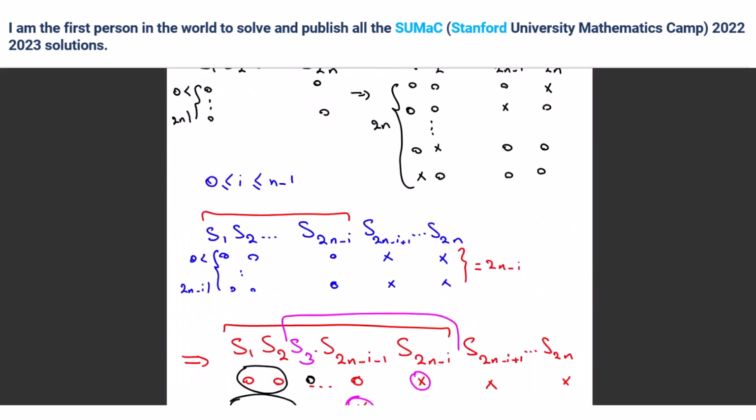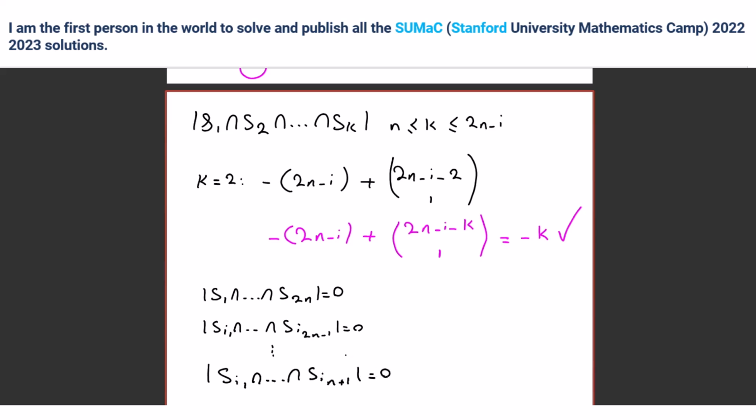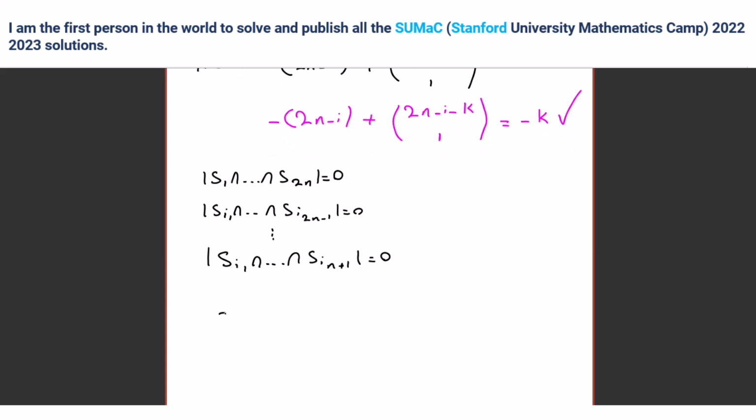Yeah. So you do this until this part. You do this to make S_i1 to S_i2n minus 1 equal to 0. You do this until S_i1 to S_in plus 1 equals 0. Then we know for S_i1 to S_in, it is greater than 0, right? We don't do this action for 1 to n, for n subsets.